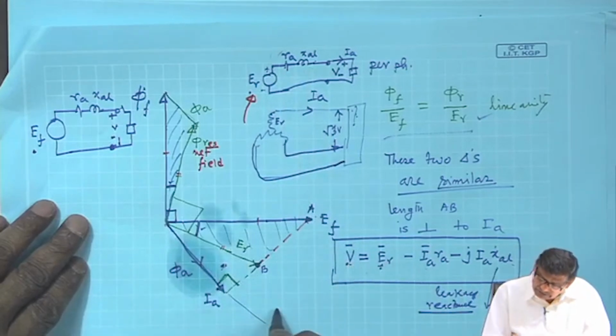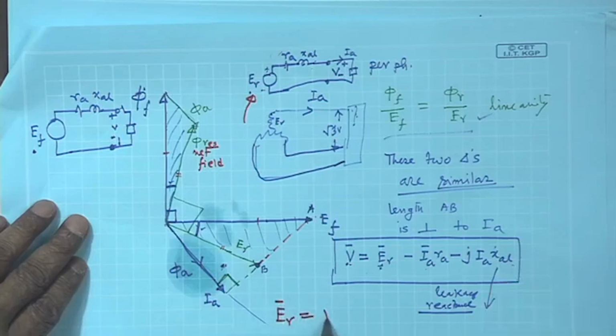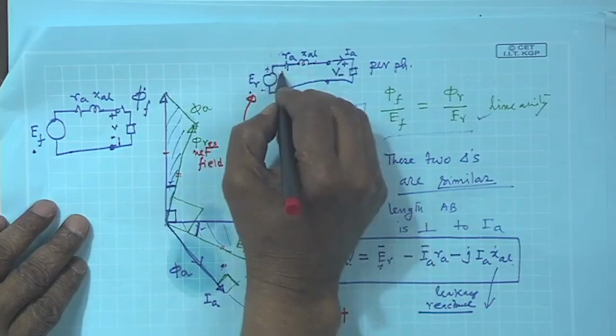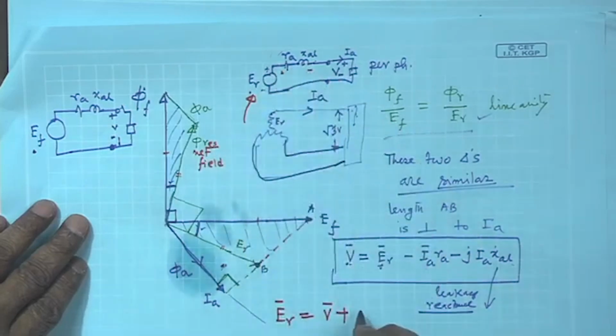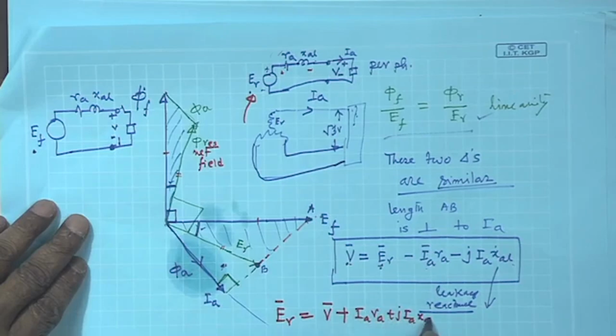In other words, it can also be written as E r equal to the terminal voltage plus these drops, so this will be I a R a plus j I a X L. This will be your E r.